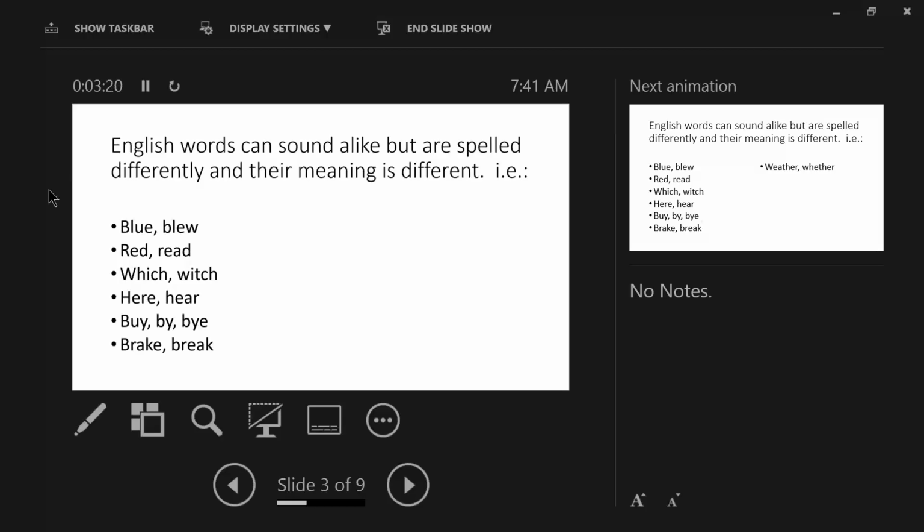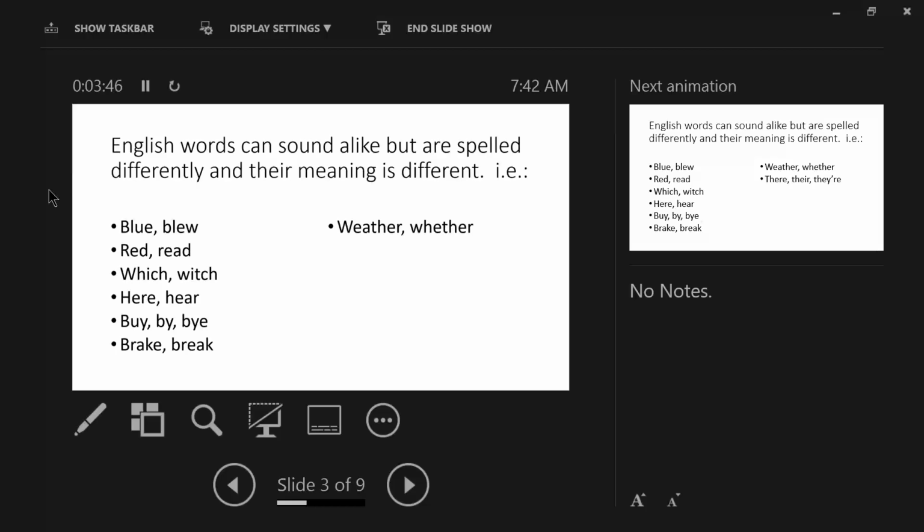And then brake as if you were driving a car, or break as if you dropped a dish. They sound the same, don't they? But they're spelled differently and their meaning is different. And this will become clear near the end because the Greek language is so much more specific and detailed.